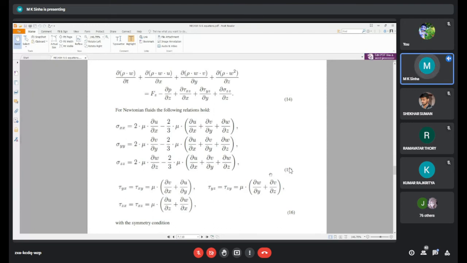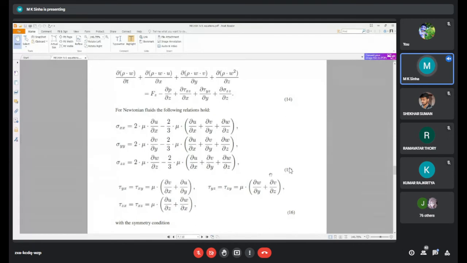Then tau yx means acting on a plane with a different direction, and this is for the symmetry condition. Symmetry means tau yx equals tau xy, tau zx equals tau xz, and tau yz equals tau zy. This is valid only for symmetry. So all these are the limitations.